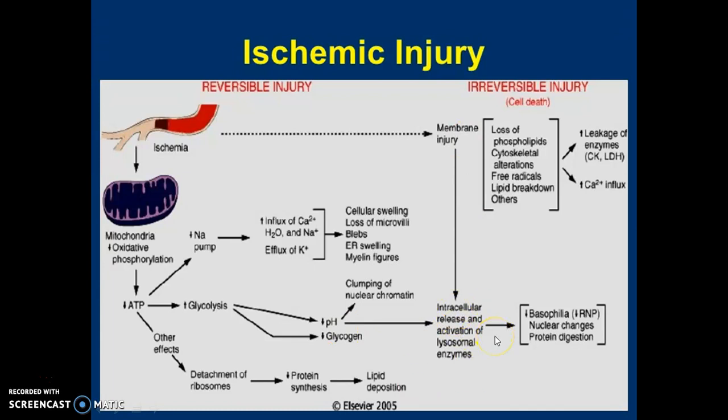Because of this increased release and activation of lysosomal enzymes, there is decreased basophilia in the cytoplasm, meaning there is more eosinophilic, more pinkish cytoplasm, and there are nuclear changes like pyknosis, karyolysis, karyorrhexis, and there is protein digestion or protein denaturation in the irreversibly damaged cells. Let's discuss all these changes one by one.